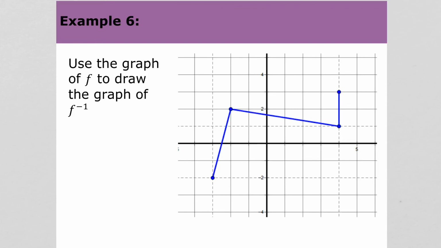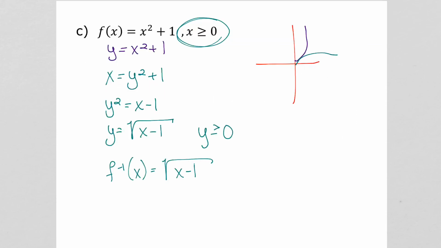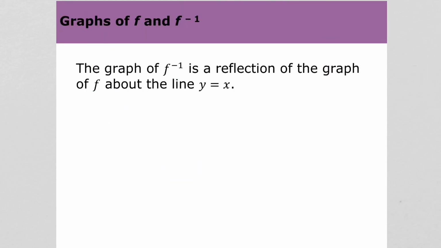And then let's point out that we've already talked about this a little bit. Since we're switching the x and y values, then our graph of the inverse is actually a reflection along y equals x.